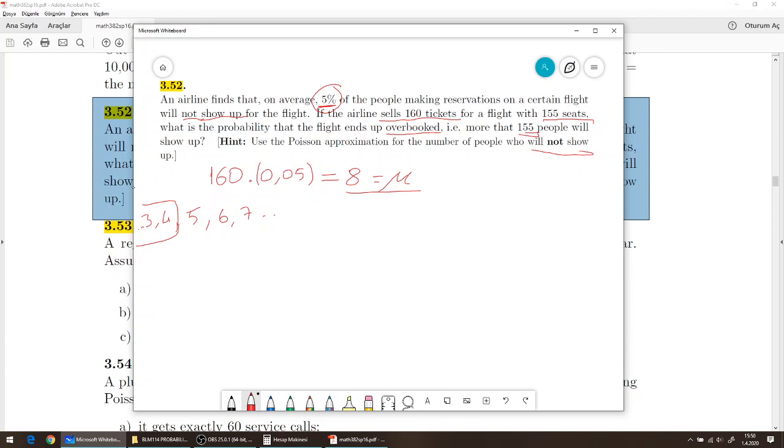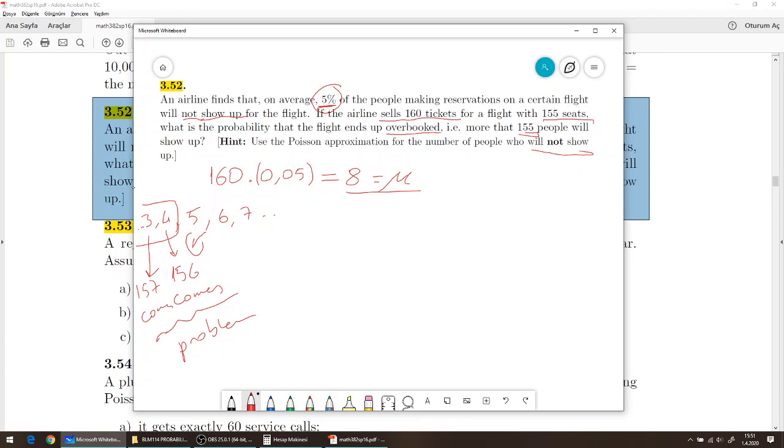That means you have 156 coming. If 3 don't come, that means 157 come. All these are a problem for us. 5 isn't a problem for us because that means 155.